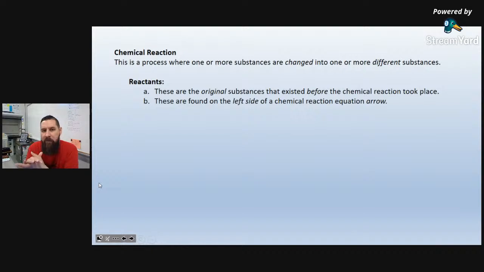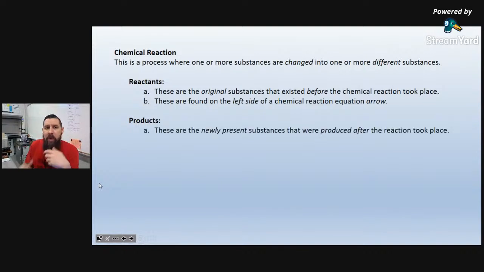Okay? Within the reaction equation, there's an arrow that we read as yields or goes to or produces, and reactants are always going to be found on the left side of that arrow, unless you're talking about a reversible reaction, but we're not going to be talking about reversible reactions in this video. Okay? The second component to a chemical reaction are your products.